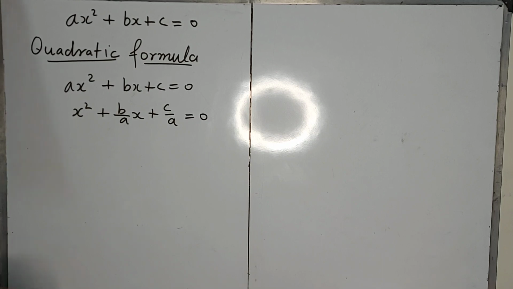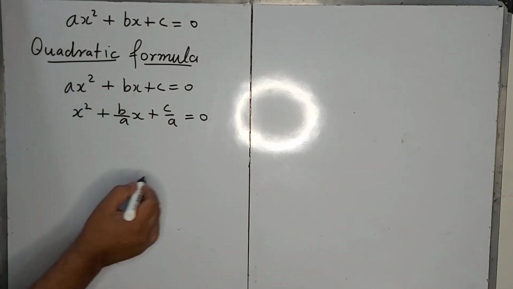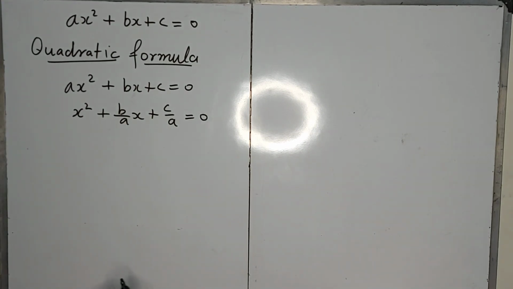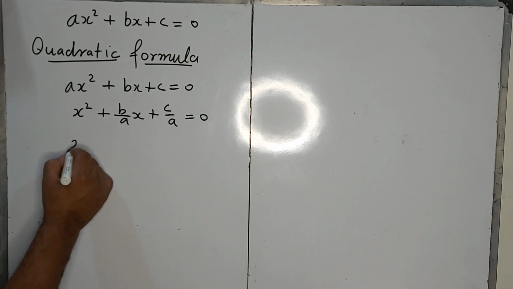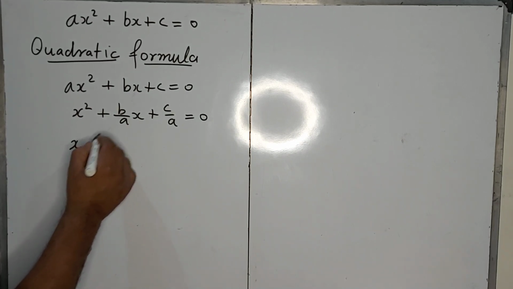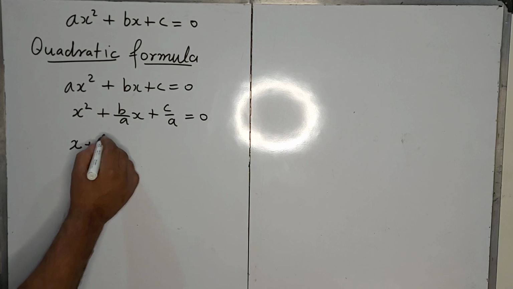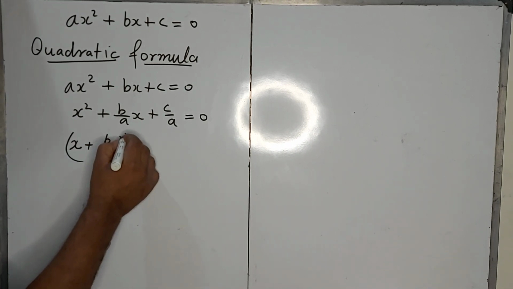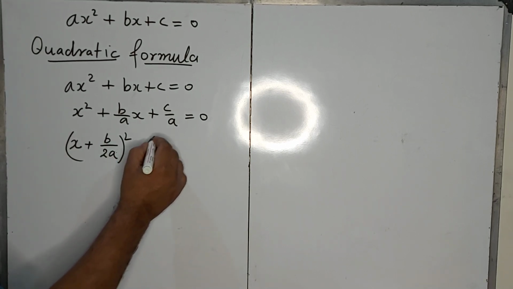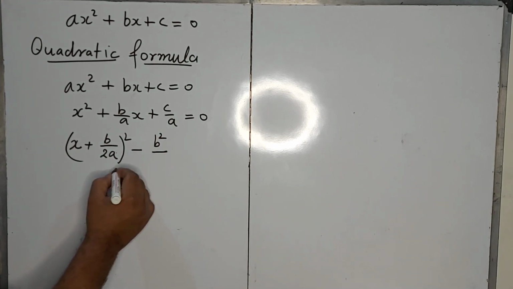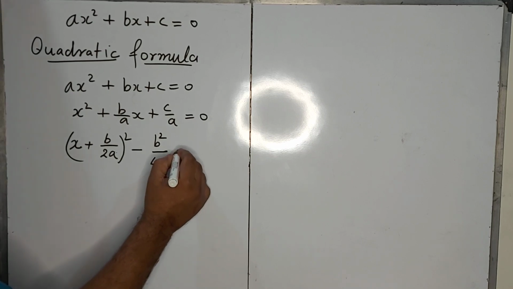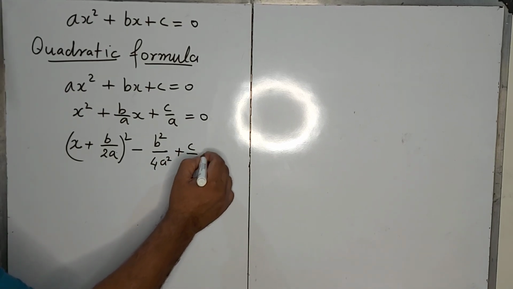Now, we make both these terms a completing square: x plus half of the coefficient, that means b upon 2a, whole square, and minus b square upon the square of this term, 4a square, plus c upon a equal to 0.